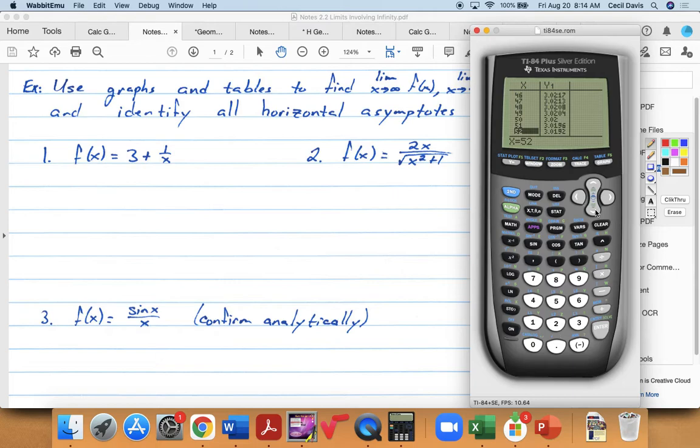By the way, you don't have to use what your table comes with automatically. Have you guys ever set the table? If you go to second window for table set, you can say, I'm going to start at 0. And we want to go to infinity. So let's step by 100. So we're not taking such baby steps to get to something really big.